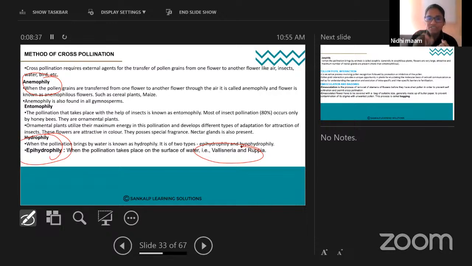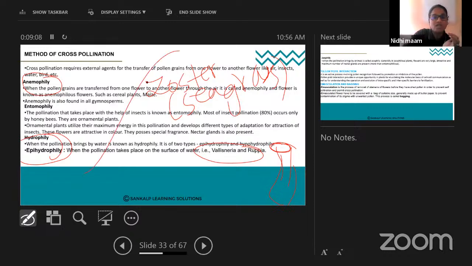The stigma, the pistil or reproductive part, floats on the surface of the water, and the flower is below. That long a pistil it will have. Then hypohydrophily happens in a plant called Zostera, that is called sea grass. It is submerged, deep in the water. Here the pollen grains will be ribbon like. Through the current of water, these pollen grains will reach the stigma and the pollination occurs.